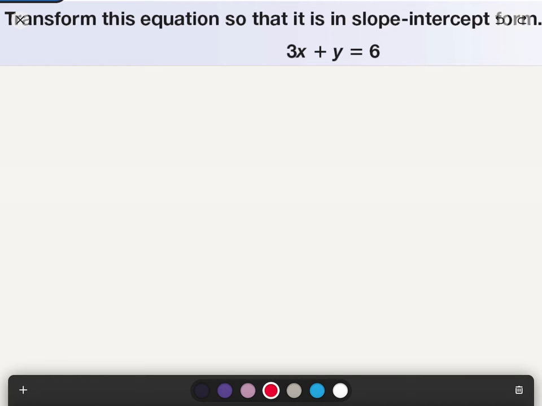So essentially y has to equal 0. I'm sorry, x. x has to equal 0, pardon me, in order for it to be on the y-axis.